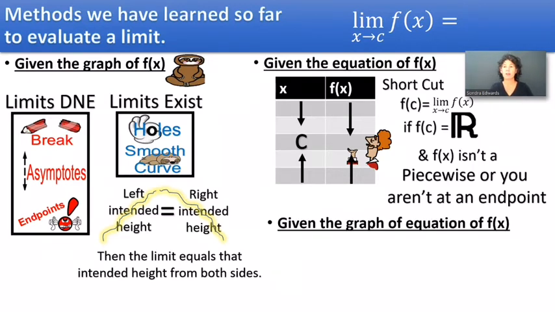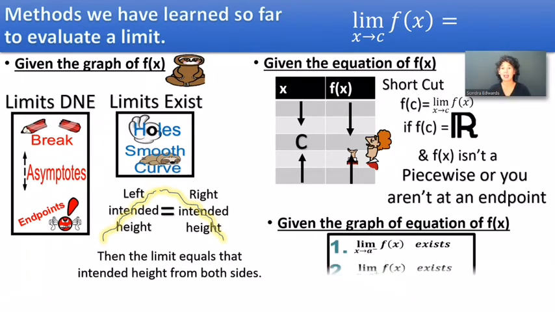Then we had a method that worked for both, for looking at a graph and also looking at the equation of f of x. And that was the formal definition. This is the definition that you need to know for the AP exam. And so if you were asked to justify your answer to the limit on the AP exam, you need to know these three pieces.